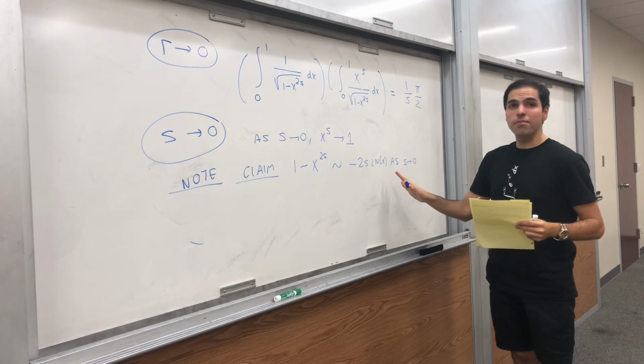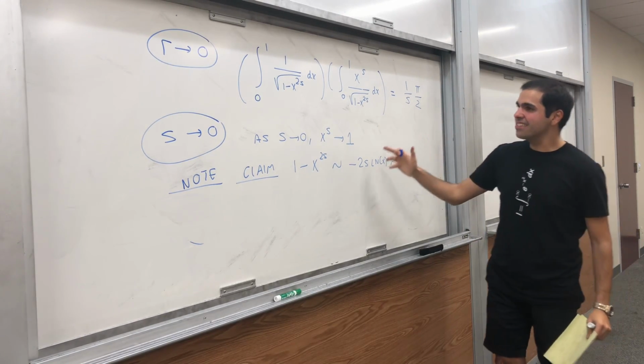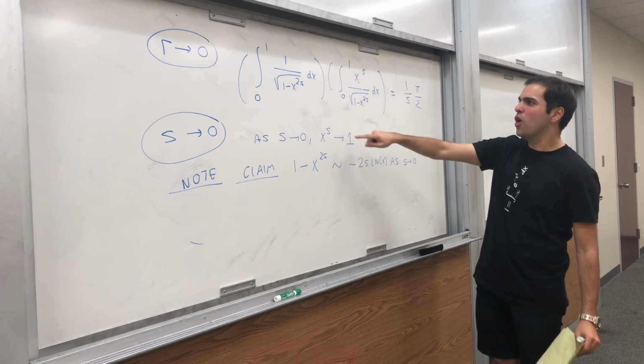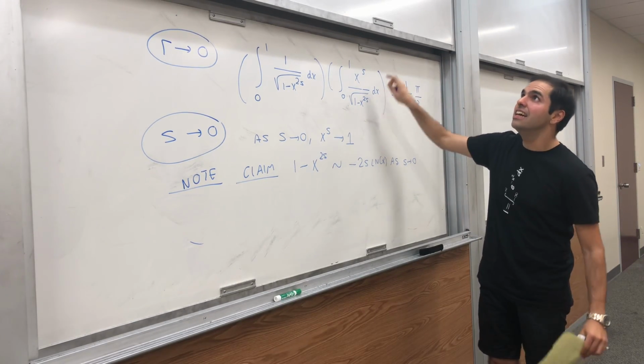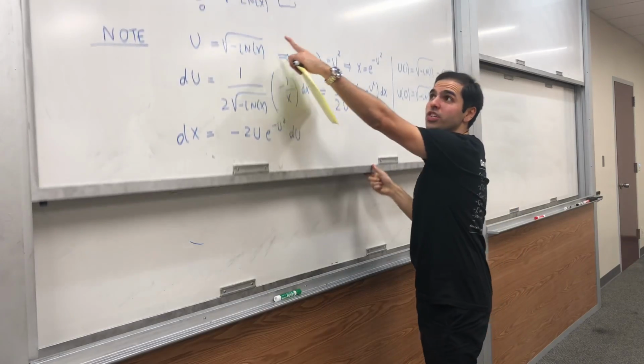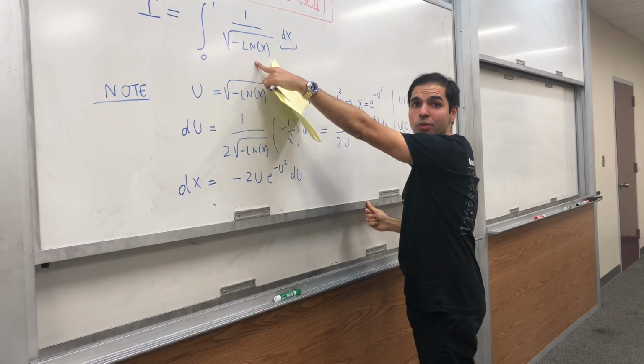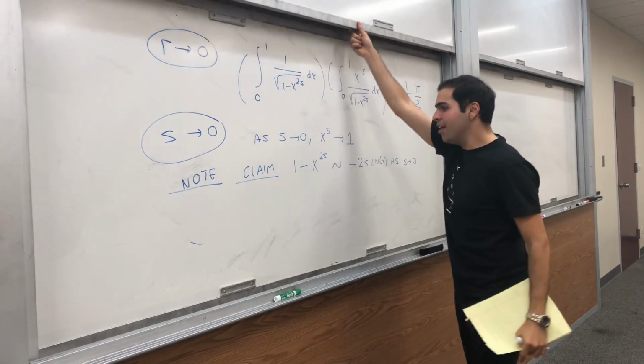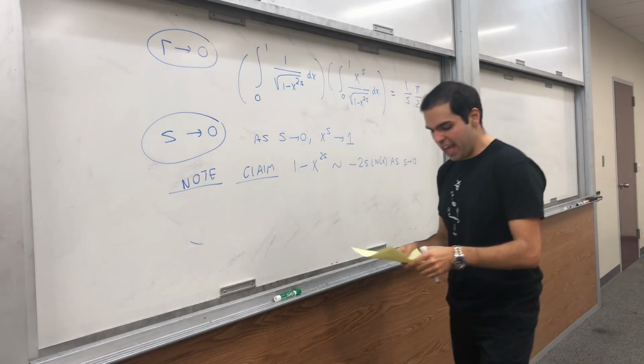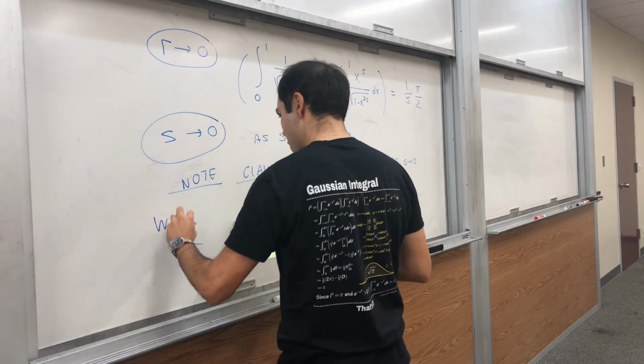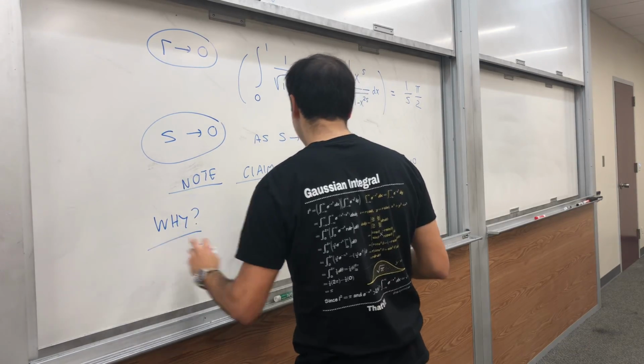Why is this claim important? Because it helps us to go from Euler's identity back to our original integral, because here's where ln's appear. And well, let me quickly prove the claim. So why? It's actually a nice thing.